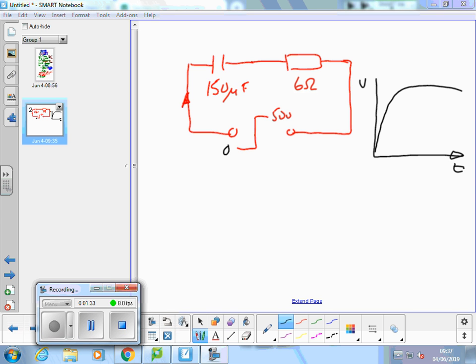So you're expecting the capacitor to start here. That's a sensible idea. We're assuming it's discharged if we haven't been told otherwise, and that it's going to gradually rise over time.